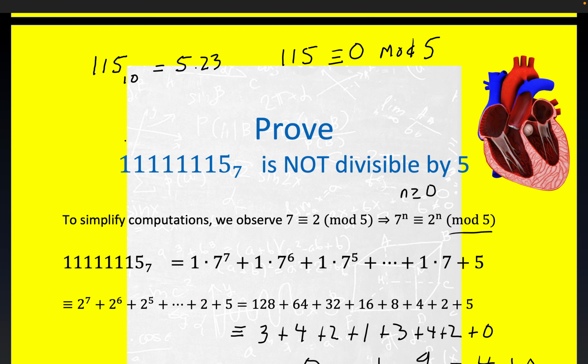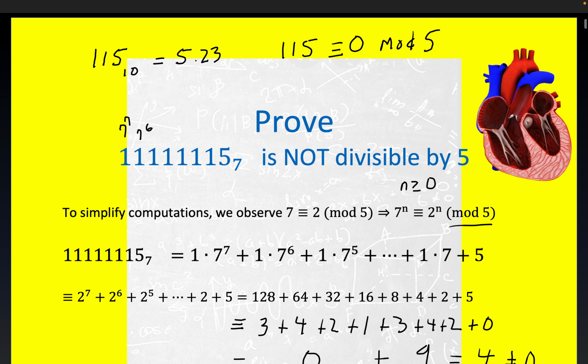Just this position alone is 7 raised to the 7. This position is 7 raised to the 6. A very difficult computation, adding all these up. Very difficult direct computation. Some people try to convert it to base 10 and then do all the work. But here we used a nice reduction aid with congruence arithmetic. Okay, that's all I have for you.